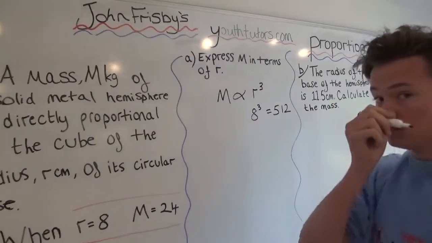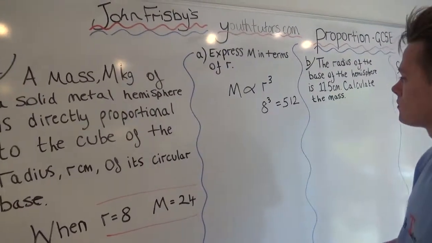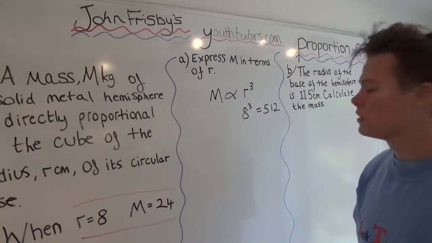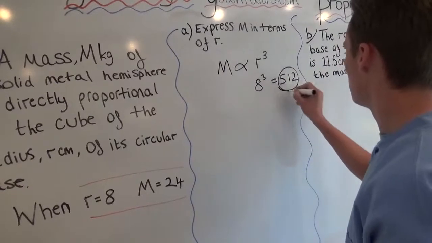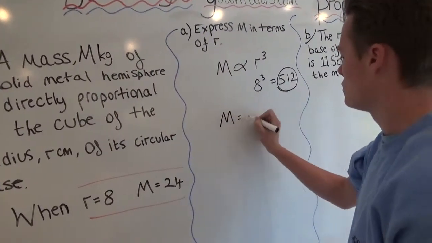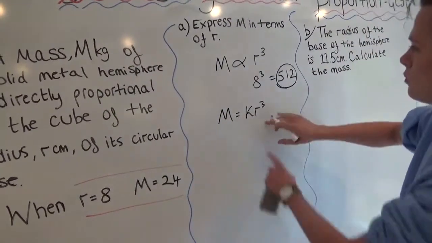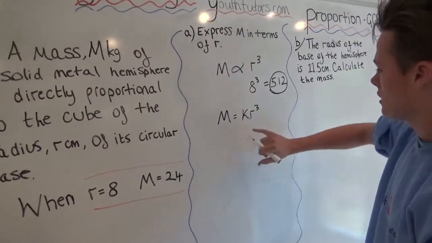Are we going to put a proportionality constant into this? So we can say m equals k r cubed. Now that we know r cubed is 512, we can bring that underneath.